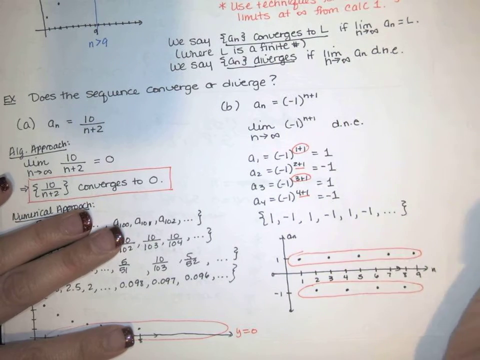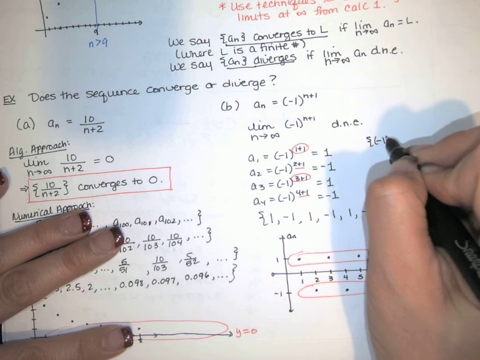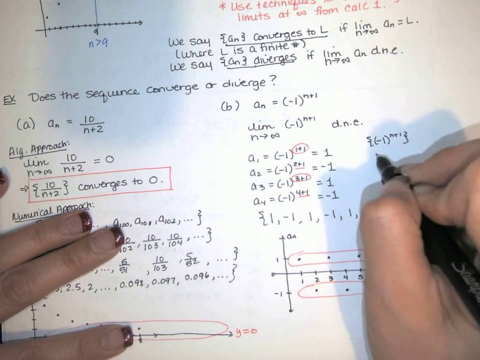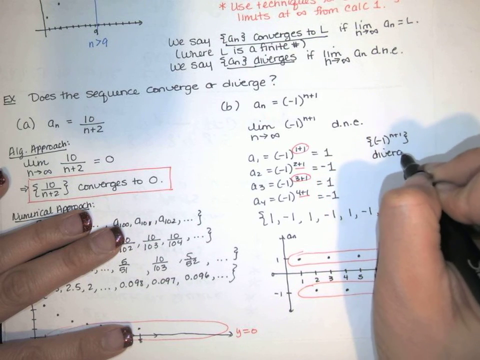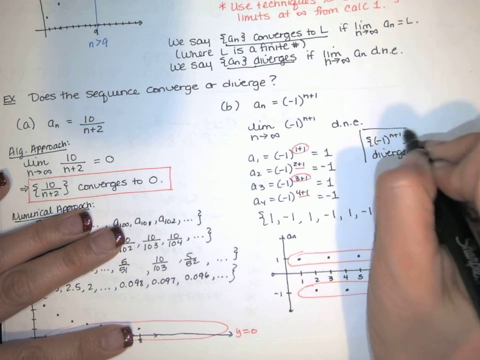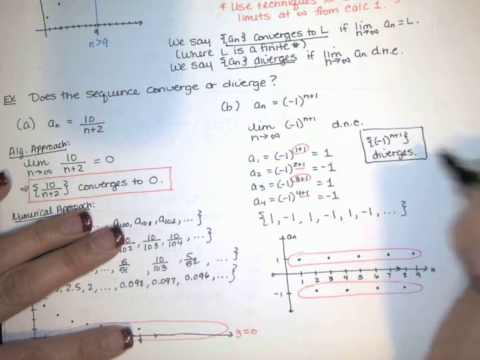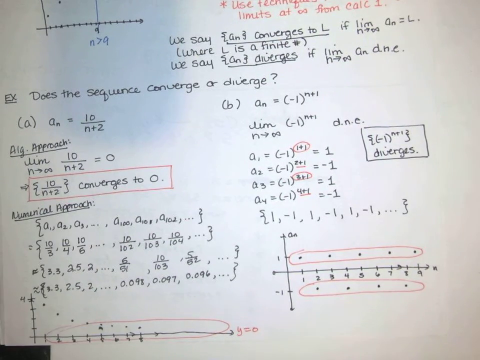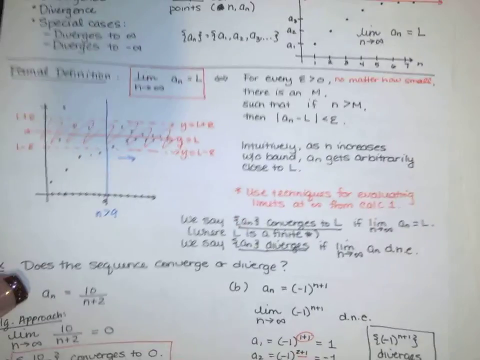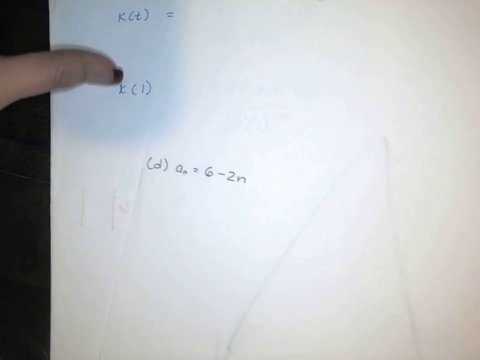And we say that a sub n diverges. And let me write that down. I'm going to call it a theorem. It's not a theorem in our textbook. They mention it, but they don't call it a theorem. But it's an important fact.